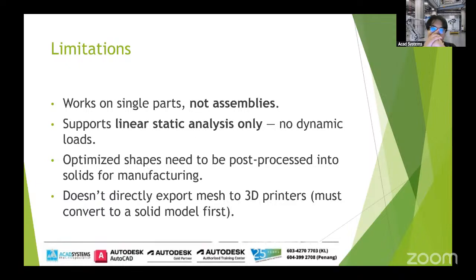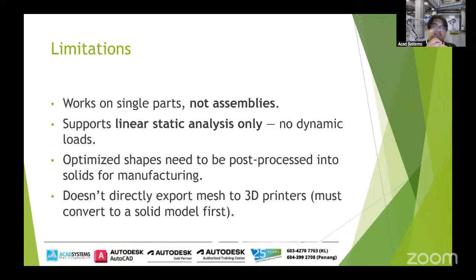And then next, it supports only linear analysis loads. So no dynamic loads. This is a limitation with FEA in normal Inventor, but don't worry. Once you do have an optimized shape, you still need to post-process it into solids.